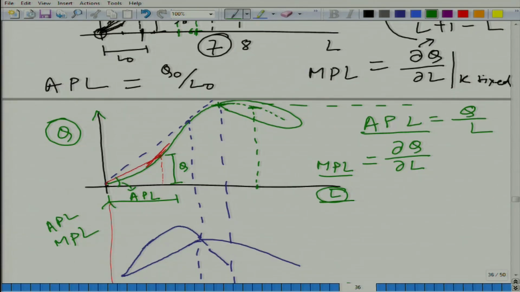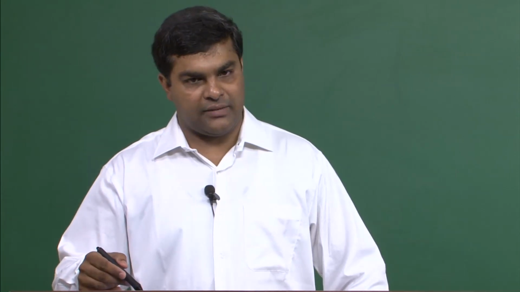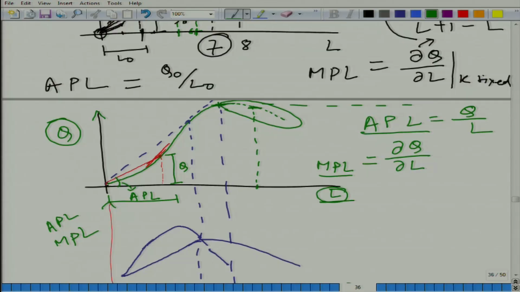We already knew APL and MPL, and using that we had drawn this curve. But what I am saying is, when you have an output curve with respect to one of the inputs, we can always figure out the average product with respect to that input, and that input here is labor, and of course also the marginal product of labor.